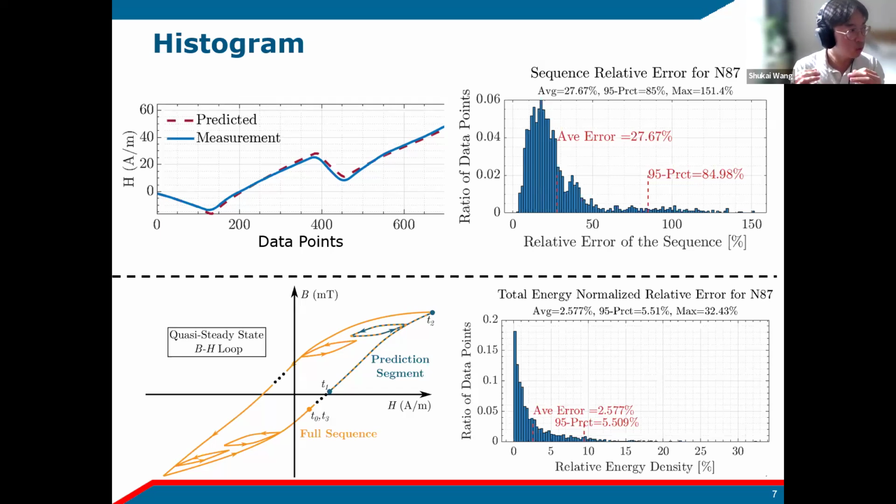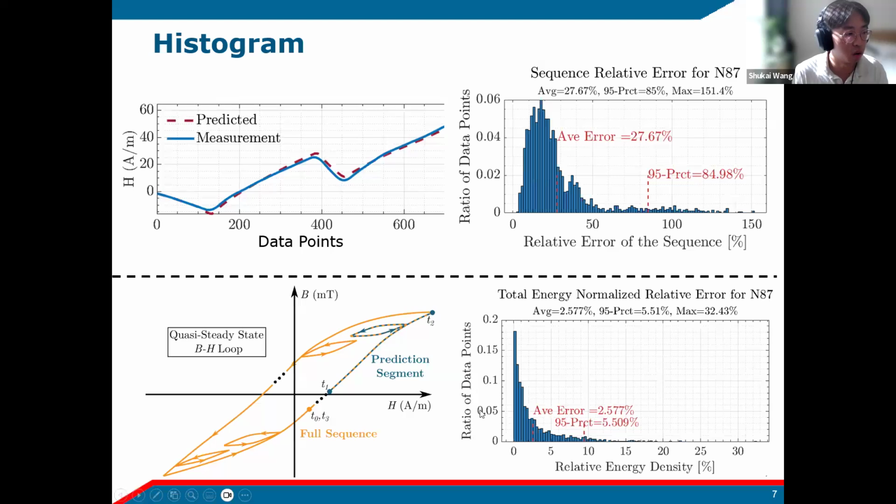Once you perform this for the sequence relative error, you should also consider the core loss, the energy loss error. If we have this same predicted segment, shown with the shaded blue and orange here, we compare the discrepancy between the predicted and the measurement, and then normalize that against the entire full sequence core loss.